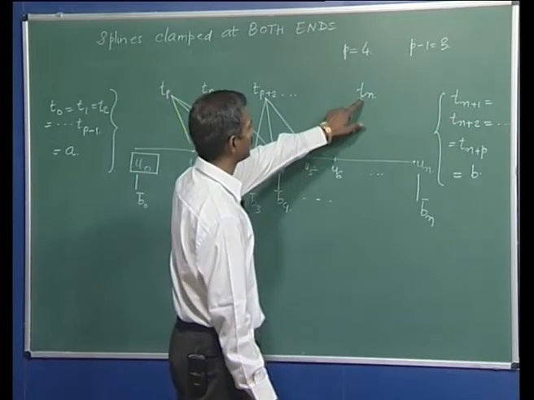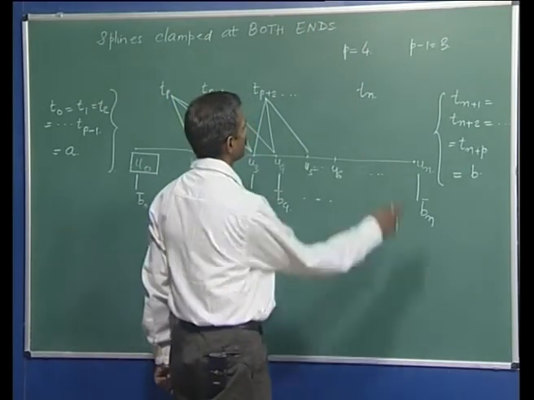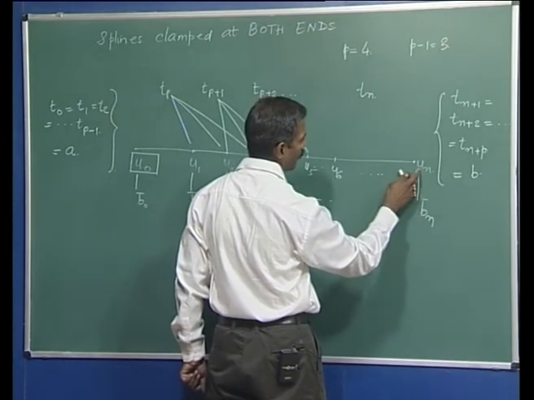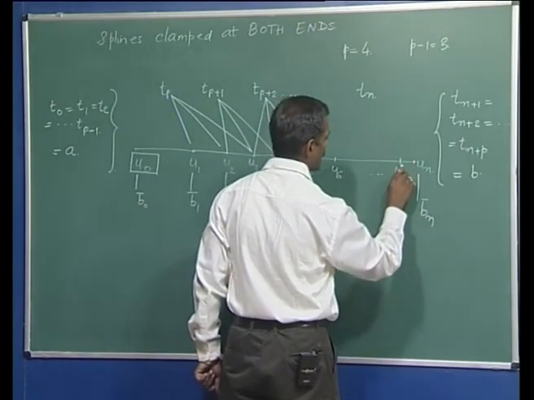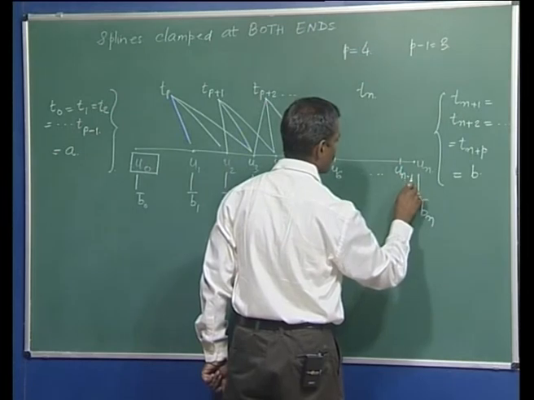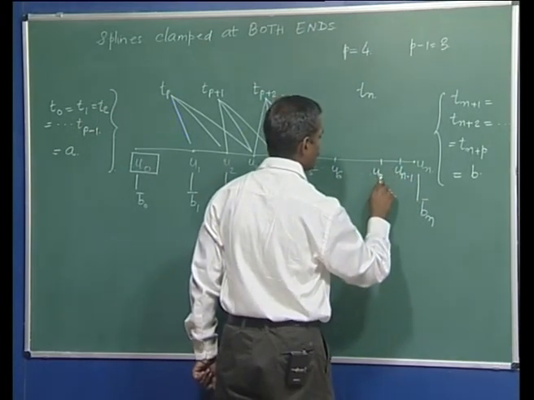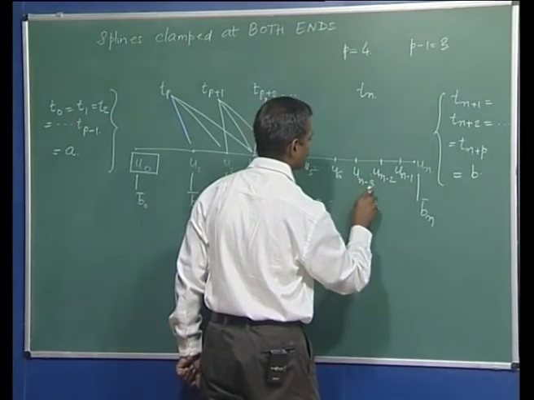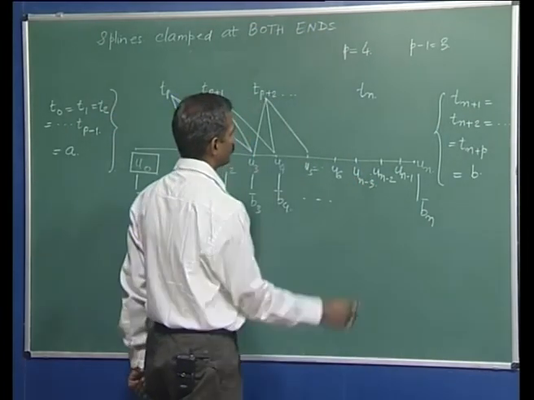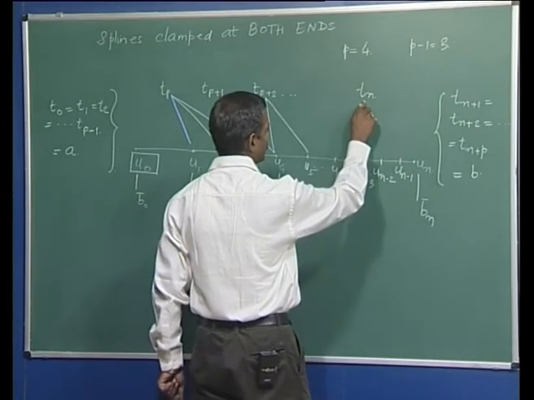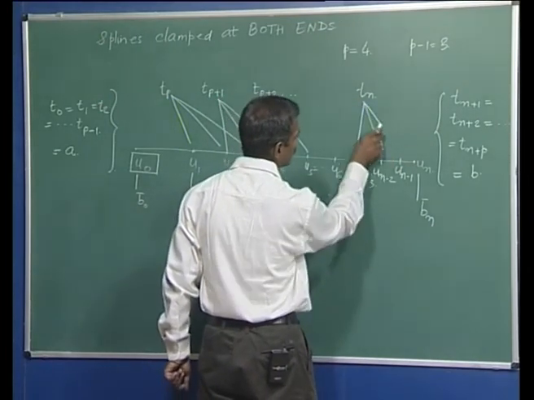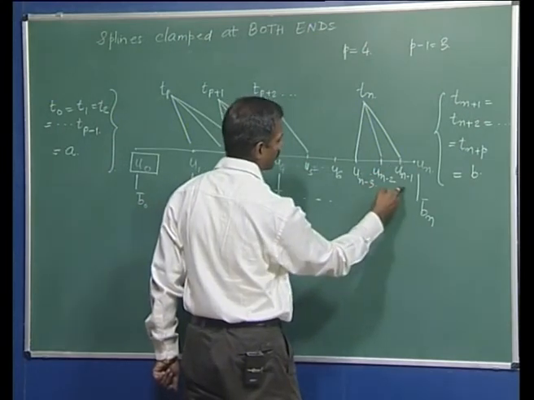How about for Tn? For p equals 4, let's say I don't use u of n. Instead, I use un minus 1, un minus 2, and un minus 3. So to compute Tn, I'll simply be performing the average of these 3 parameter values.